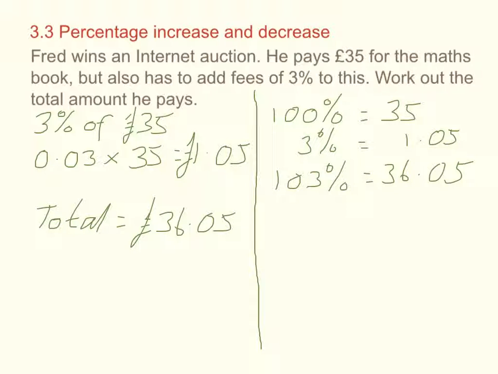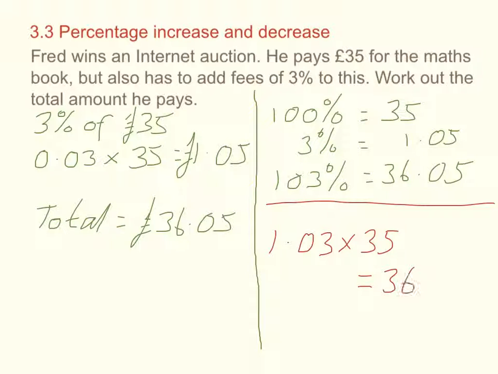And so in your calculator you can actually do this in one go. All I would need to do is 1.03 multiplied by 35, and you'll see that you do get the answer in just one very quick go, £36 and 5p.